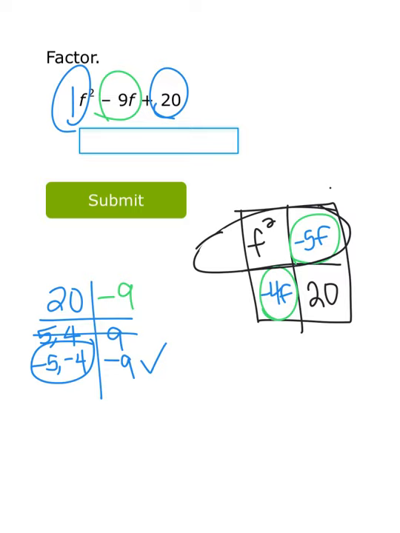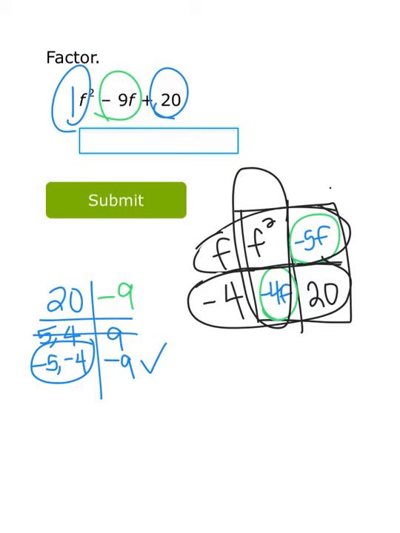F squared and negative 5f both have an f in common, and it's going to be positive. But here, since the negative's touching the outside, my answer needs to be negative. So you're always going to go with what is touching the outermost edge of the box. So the greatest common factor of negative 4f and 20 would have to be negative 4.